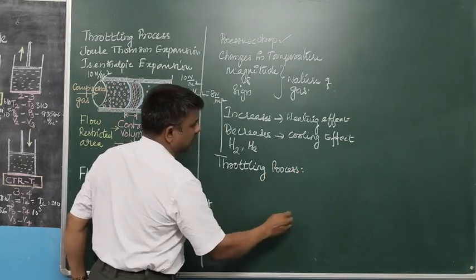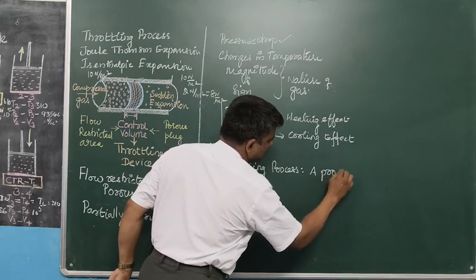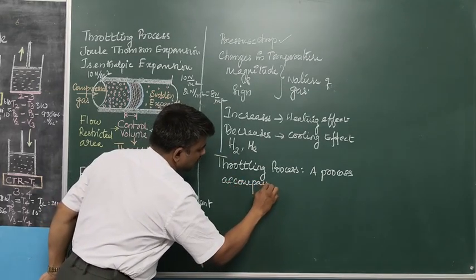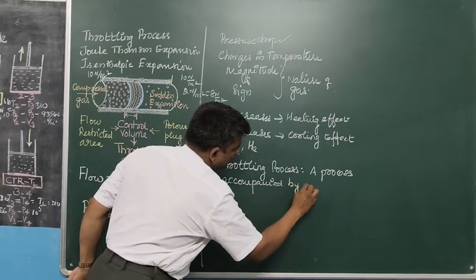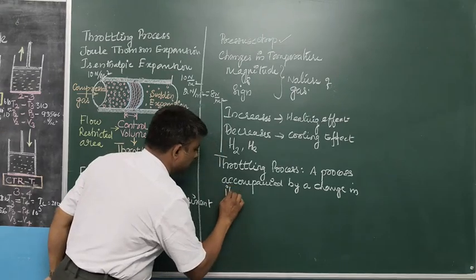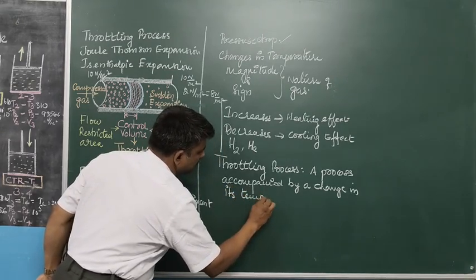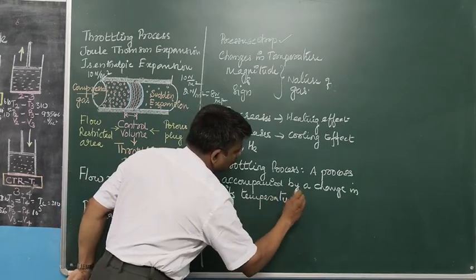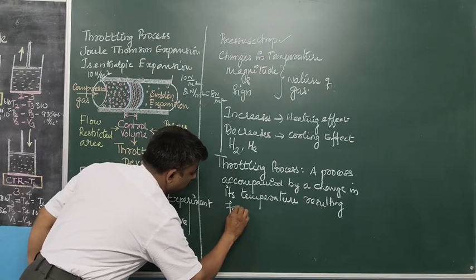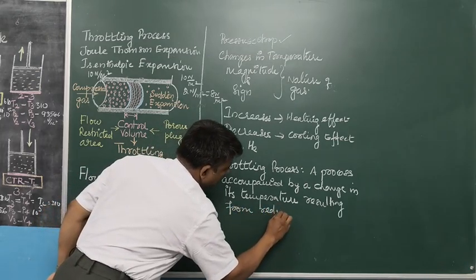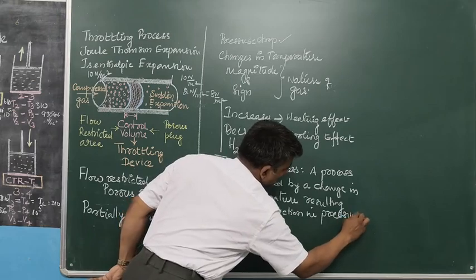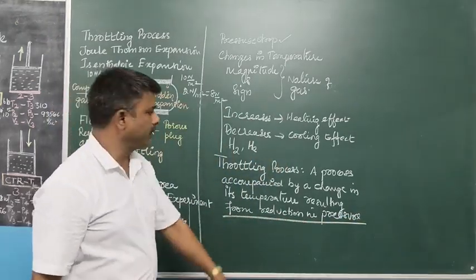Throttling process means a process accompanied by a change in its temperature resulting from reduction in pressure. Clear? This is the perfect definition for the throttling process.